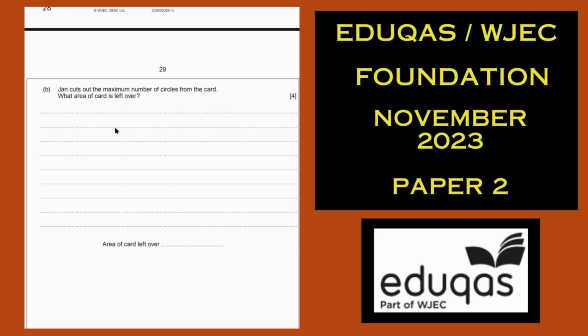On we go. What area of card is left over? Follow the process. Well, how much card did she have to begin with? She had 96 centimetres by 60 centimetres. In total, she had 5,760 centimetres squared. The circles, there's 40 of them. The area of one circle is pi multiplied by the radius squared.